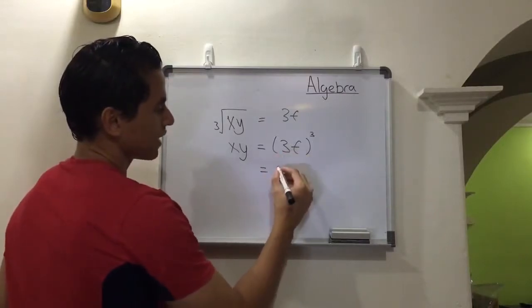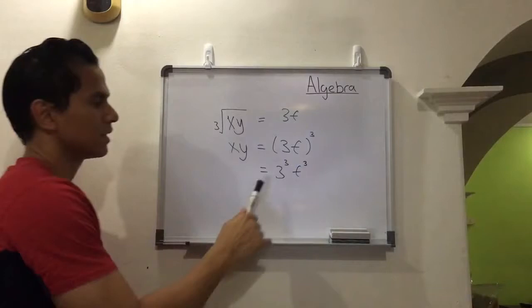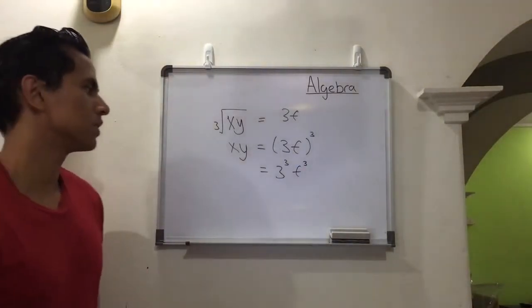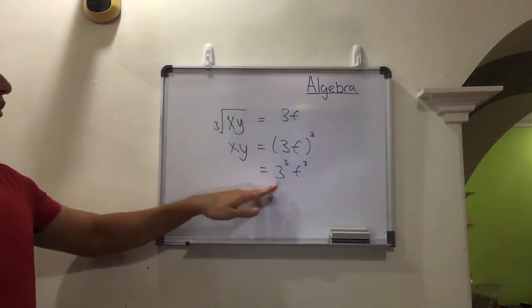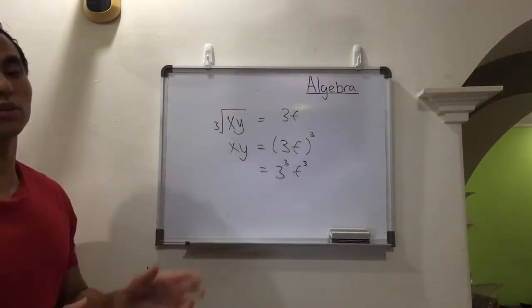We have to rewrite this as 3 cubed f cubed. This is something you will learn when you study indices. So if you are wondering why I'm doing this, you can refer to indices.